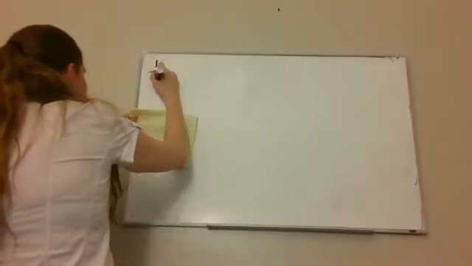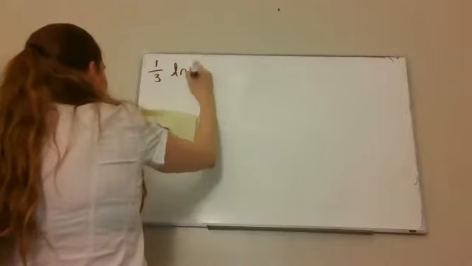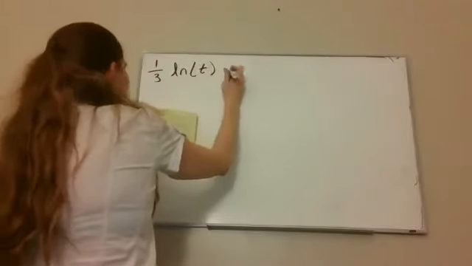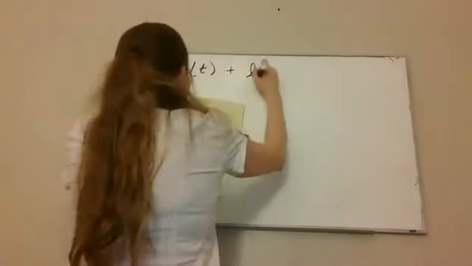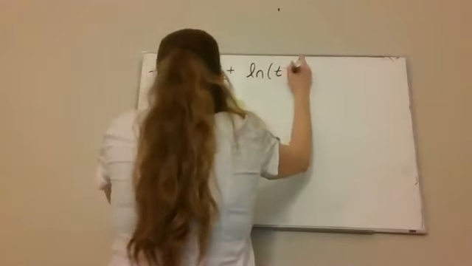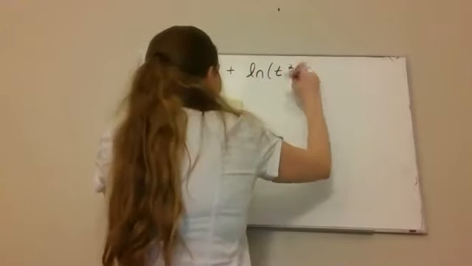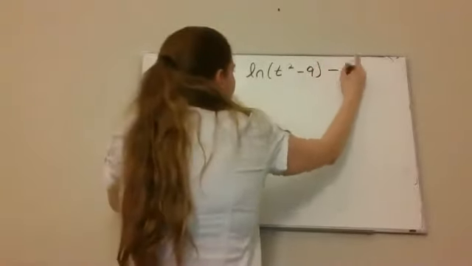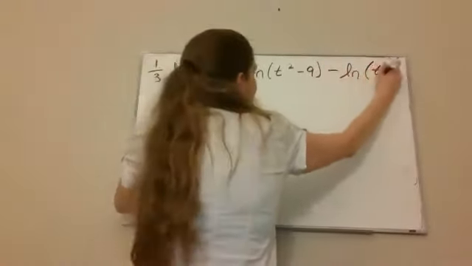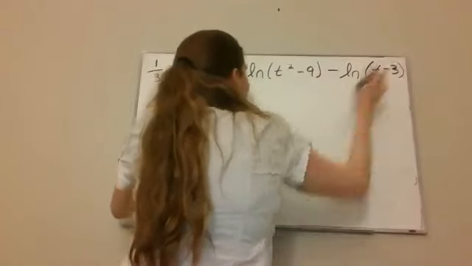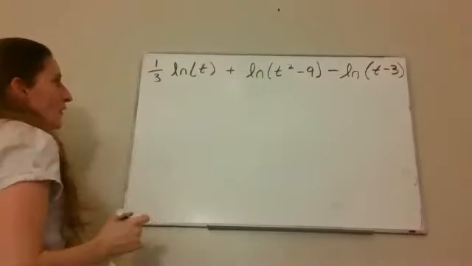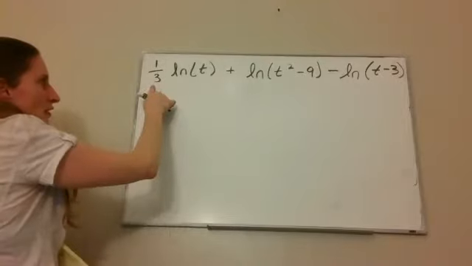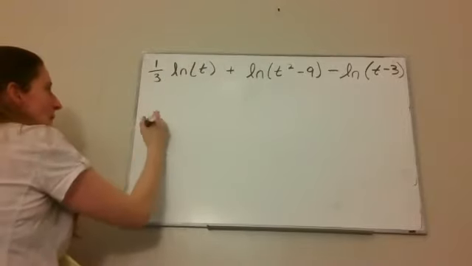I have 1/3 natural log of t plus natural log of t squared minus 9 minus natural log of t minus 3. The first thing I'm going to do is take this 1/3 and bring it up as a power.